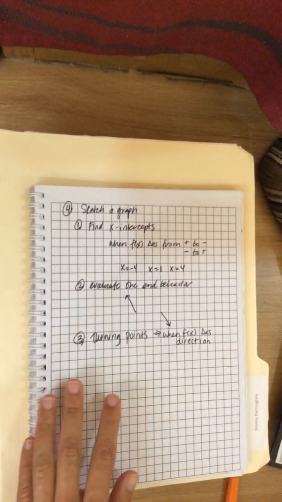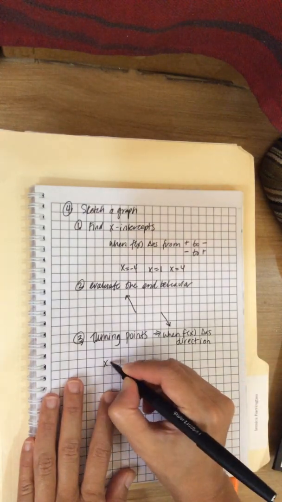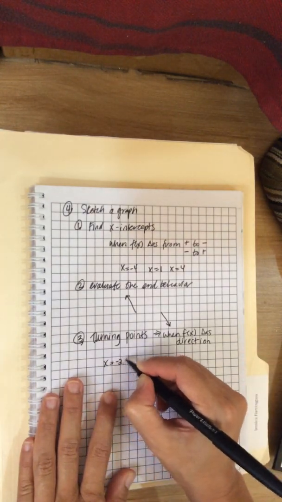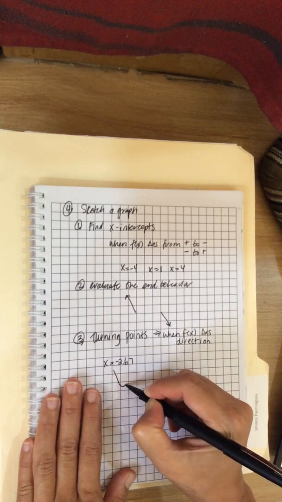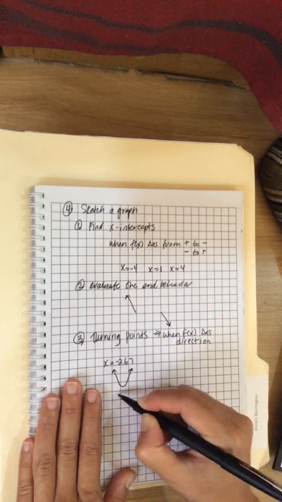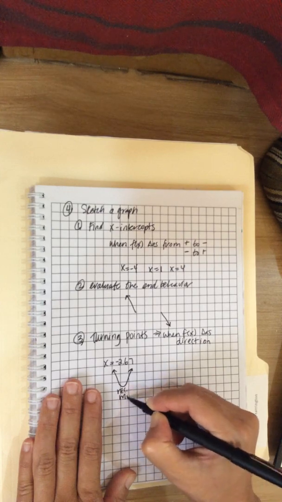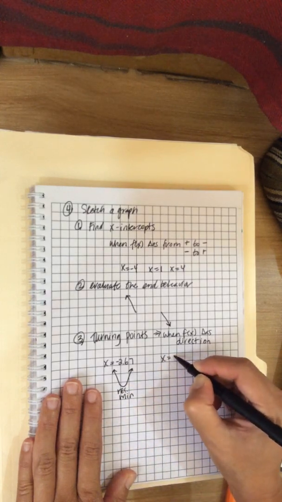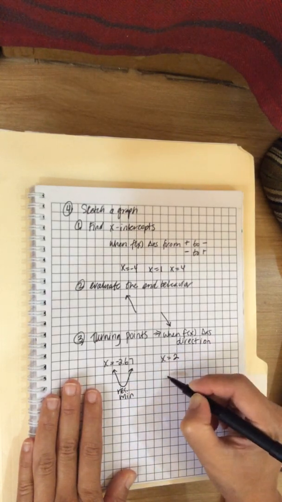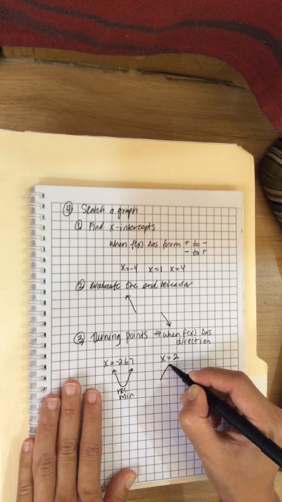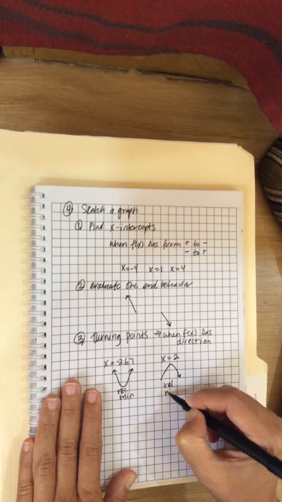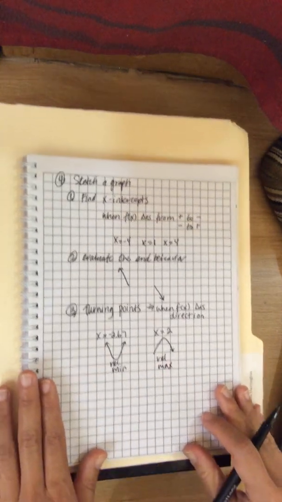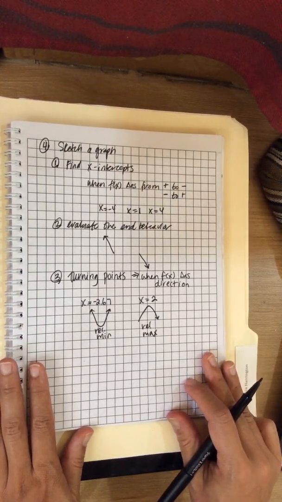So let's think about it. When x equals negative 2.67, the function changes from decreasing to increasing. Okay, so that's a relative minimum there. And then again at x equals 2, it changes from increasing, a positive slope, to decreasing. So that is a relative max. Okay, these are all helping us sketch the graph.